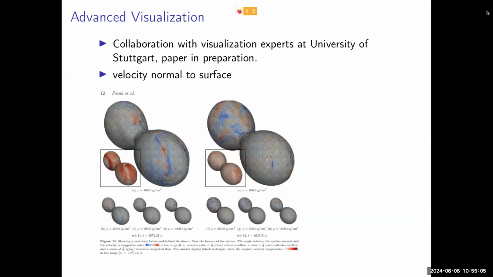So another thing, working with the code is there's a group that does advanced visualization, University of Stuttgart, and they're doing things like, we usually just take a slice, a color plot.